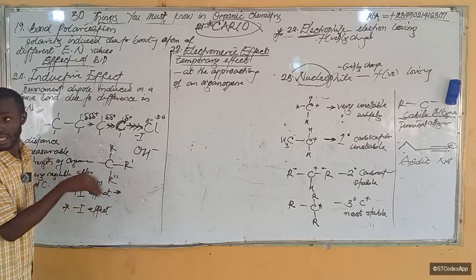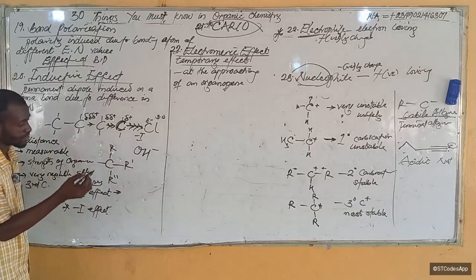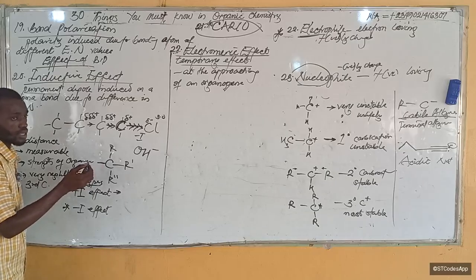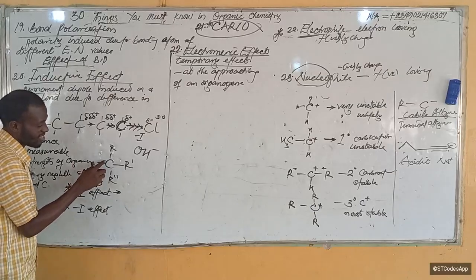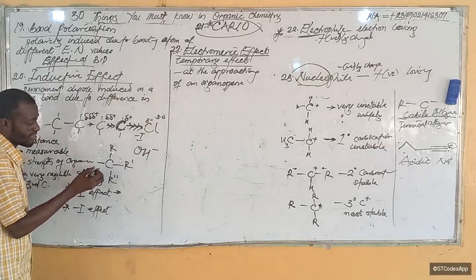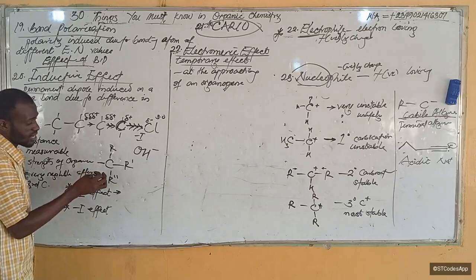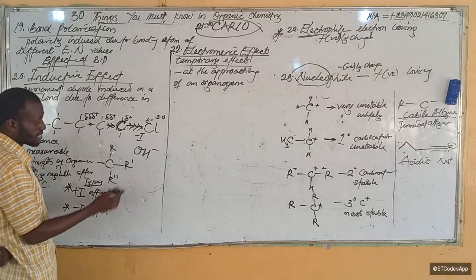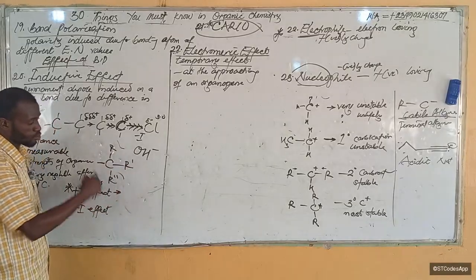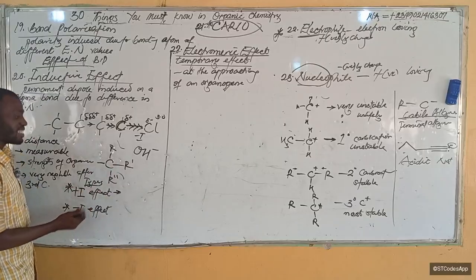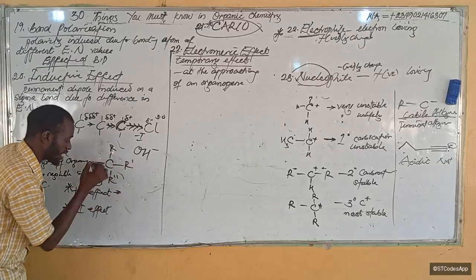Now looking at this, you see these are alkyl groups. I put prime and prime to show that they might be different. Now they cause what is called the plus I effect.